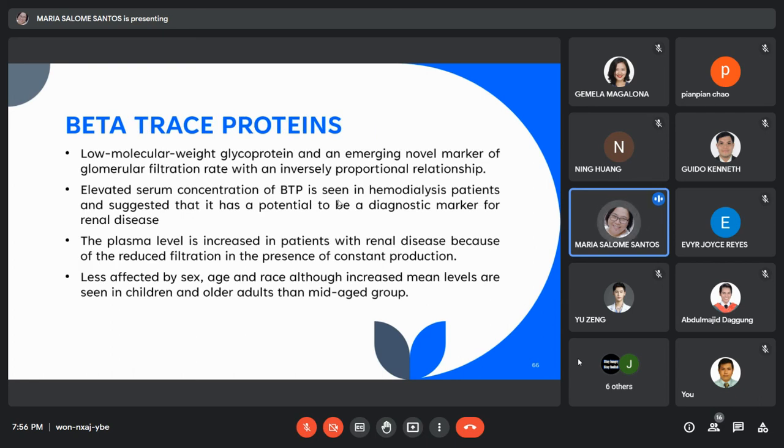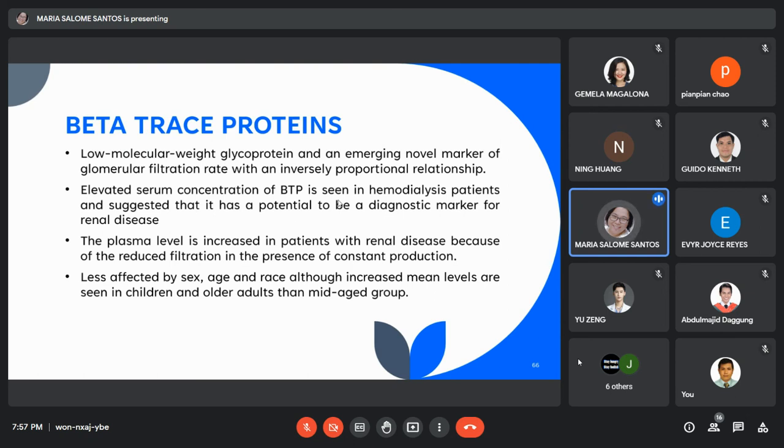Next is beta-trace protein. It is a low molecular weight glycoprotein and an emerging novel marker for glomerular filtration rate with an inversely proportional relationship. Elevated serum concentration of beta-trace protein is seen in hemodialysis patients, which suggests that it has the potential to be a diagnostic marker for renal disease.